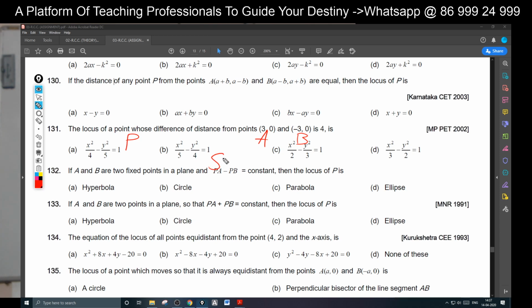That is, SP minus S dash P is equal to 2A, which is the standard format for the hyperbola. In this case, S and S dash are given to be A and B. So PA minus PB is given to be 4.